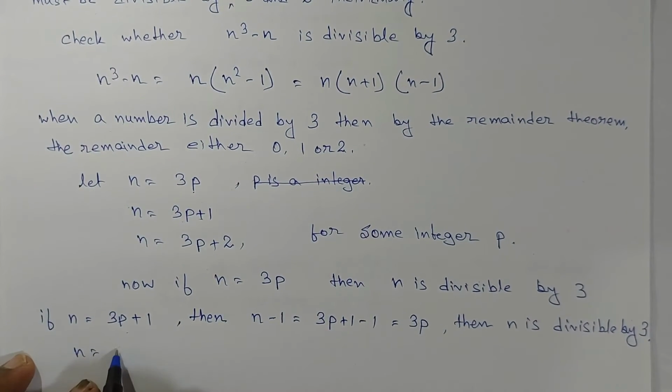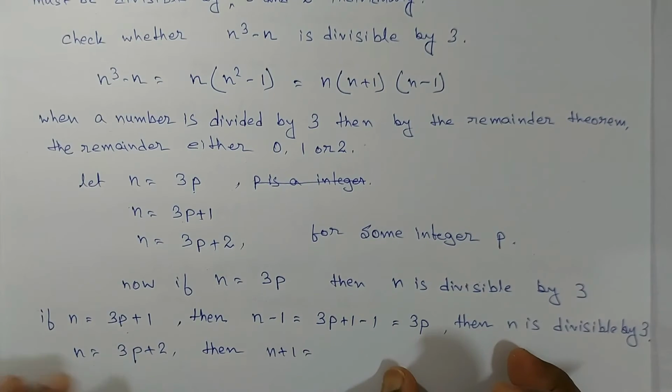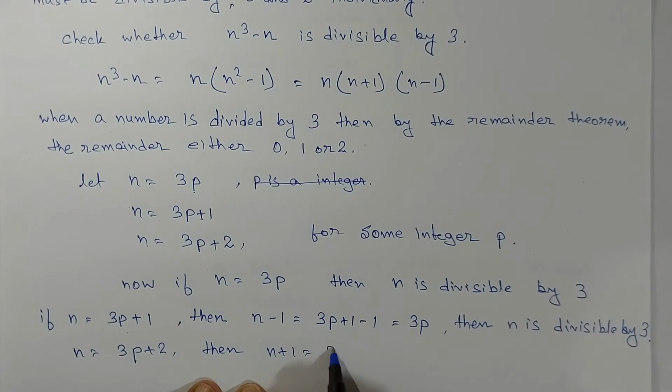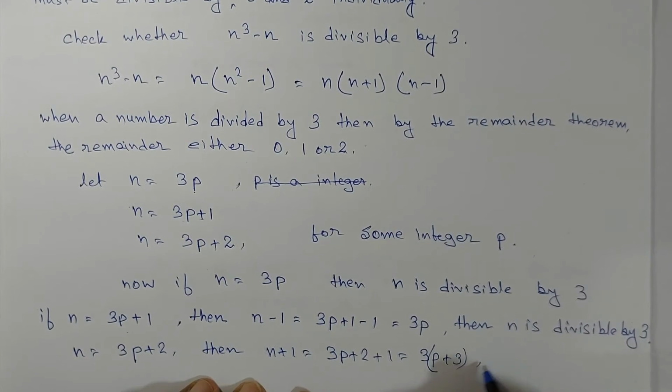If n is equal to 3p plus 2, then n plus 1 will be equal to 3p plus 2 plus 1, that is 3 into p plus 1. Then n plus 1 is divisible by 3. Okay.